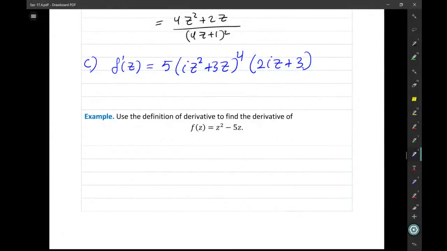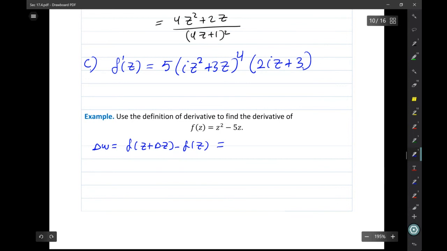Okay, let's see now how we can use the definition of the derivative to derive. It says use the definition of derivative to find the derivative of f of z equal to z square minus 5z. First of all, I have to find delta w, which is equal to f of z plus delta z minus f of z.